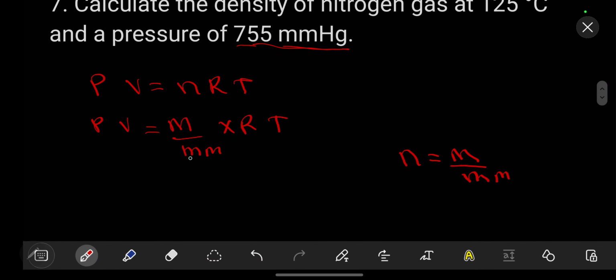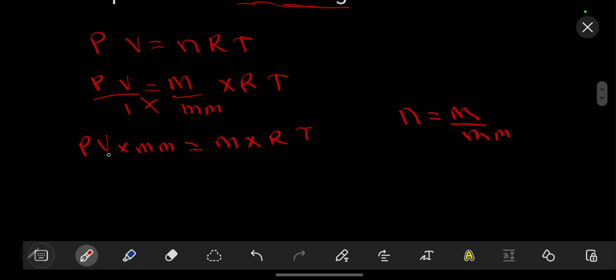Taking this side, if we cross multiply, PV times the molar mass should be equal to the mass times R times T. Now we are going to divide over the volume so that this volume goes. Since these are multiplying, it is still the same, but since we want it to mostly affect the mass, we are going to do it like that.